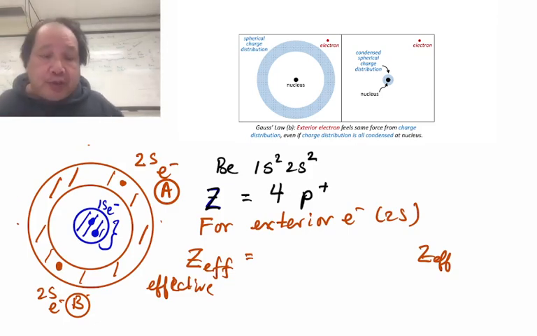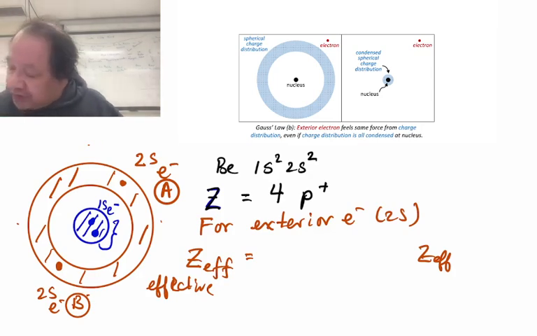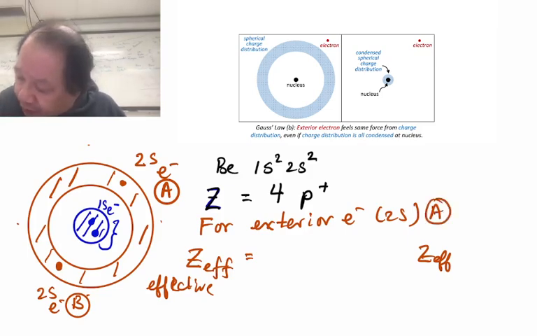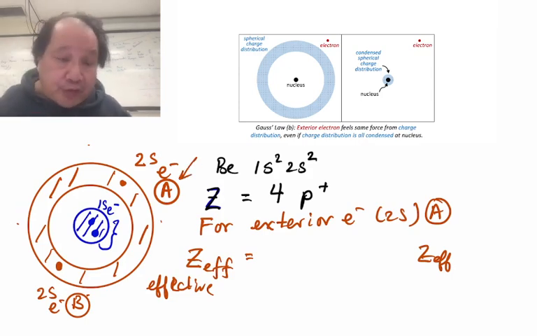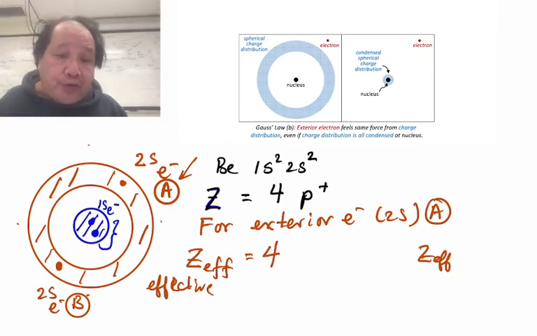And so now let's see what the effective Z is that 2s electron A feels. So we're going to look at it from the viewpoint of 2s electron A, the one that's right here. It feels, of course, the 4 protons, plus 4.